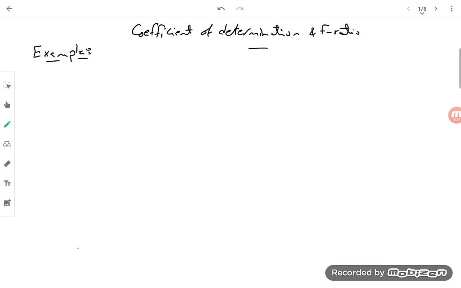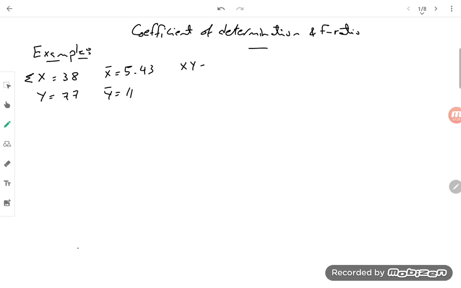Say for example that summation x is 38 and summation y is 77, x bar is 5.43 while y bar is 11.